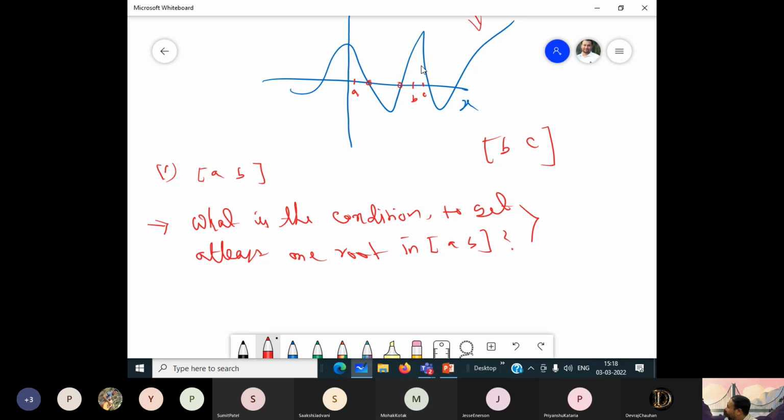See, above the x-axis means f of x is positive, and below the x-axis means f of x is negative.